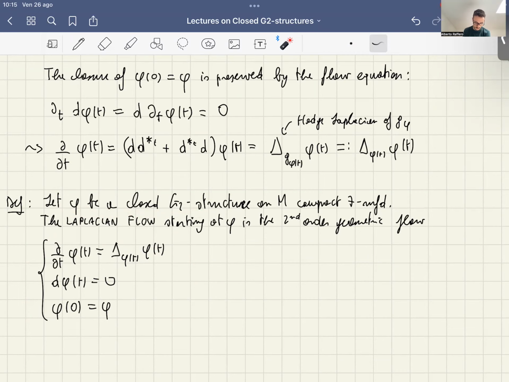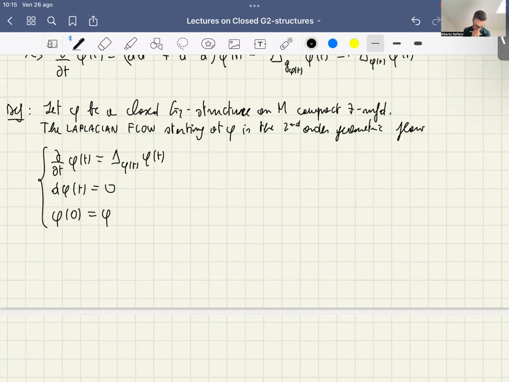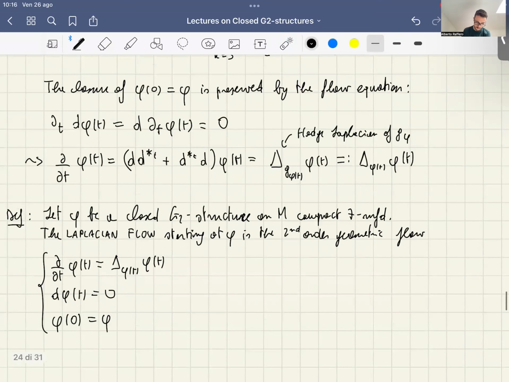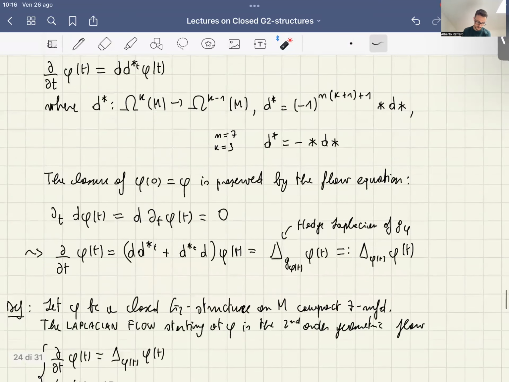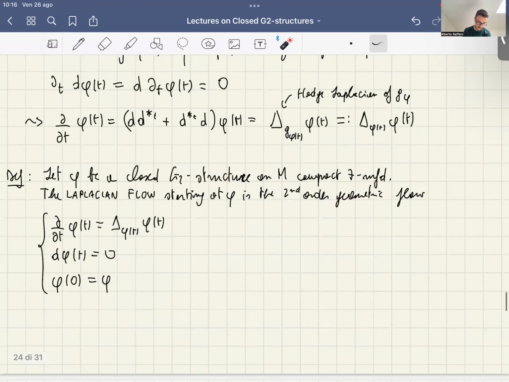And stationary points of this flow are precisely the G2 structures for which the right-hand side of the flow equation is equal to 0. So they are precisely the harmonic G2 structures, which on a compact manifold are precisely the torsion-free G2 structures. So this is the idea behind the flow, and the discussion before it shows you how to relate it to the fact that the closure of an initial closed G2 structure is preserved along the flow.